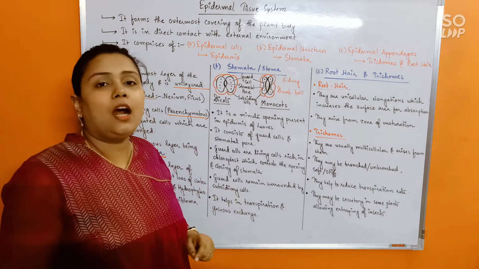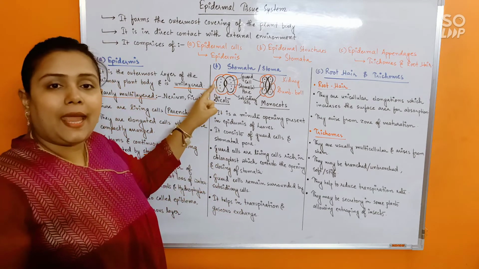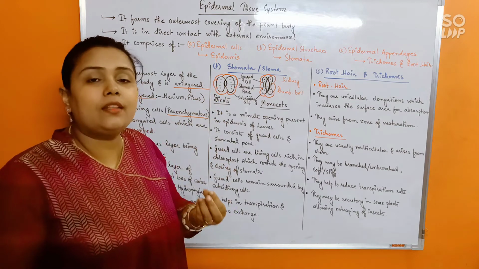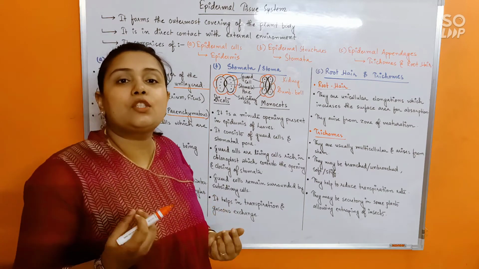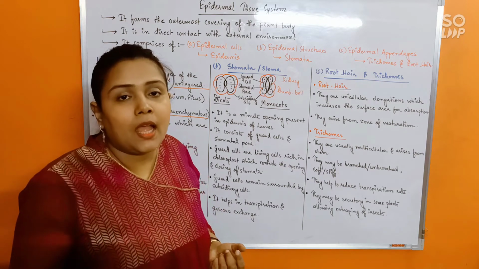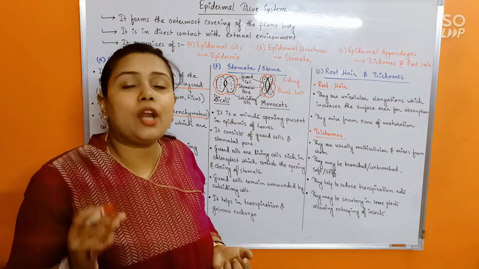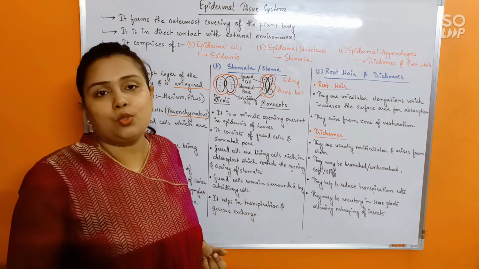Okay. Right now you should only remember that when water enters the guard cells, that means the guard cells are swollen. At that time, the guard cells being swollen, stomata will open, and as water runs out of the guard cells and they shrink or become flaccid, at that time the stomata will close.